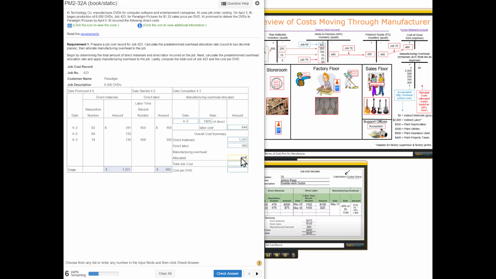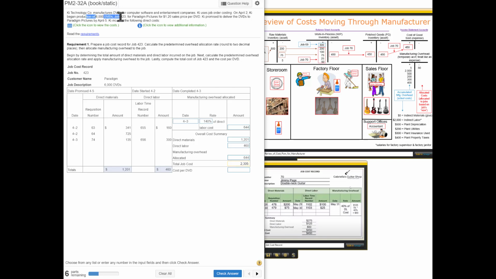That's things like indirect labor, plant depreciation, plant utilities, plant insurance, plant property taxes, and indirect materials like glue, whatever it is for manufacturing DVDs. Now I'm going to add these up. 1201 plus 460 plus 644 gives us a total cost of $2,305.